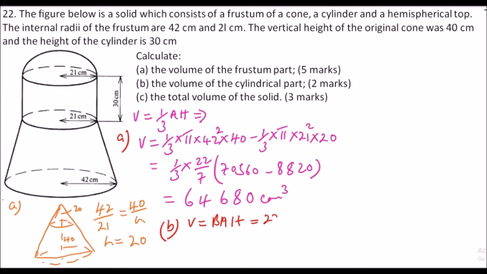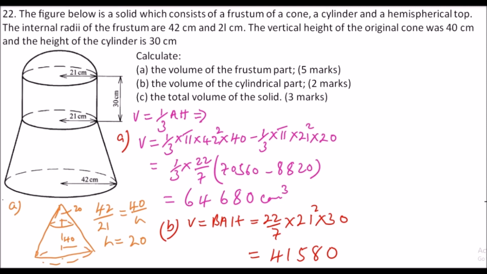So it is 22 over 7 times r squared, 21 squared, and you multiply by 30, and that should give you the volume. When you compute that, you get 41,580.